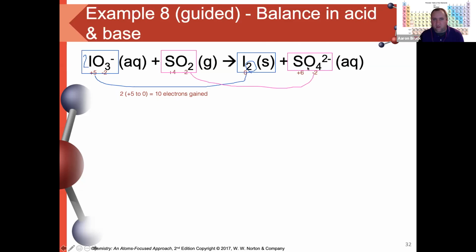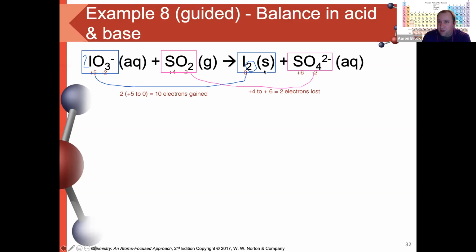If I look at the sulfur, I can see that the sulfur is going from +4 to +6. There's only one sulfur in here, and so 2 electrons are being lost by the sulfur in this case. And so this presents for us a dilemma. Iodine requires 10 electrons to go. The sulfur is only capable of giving 2.